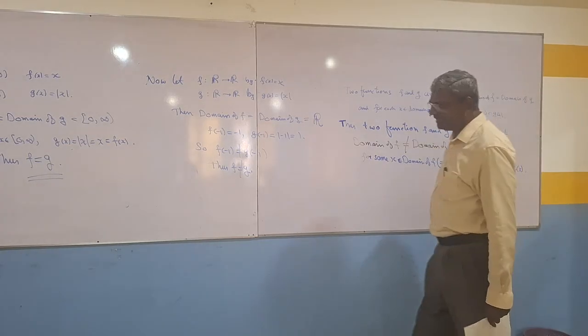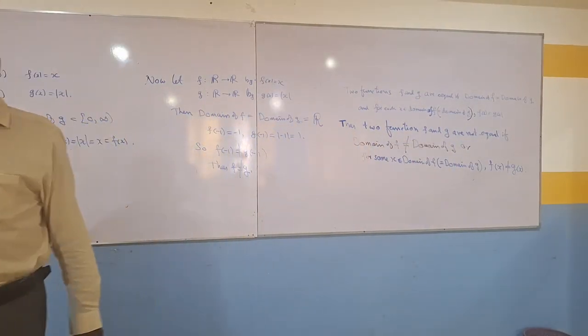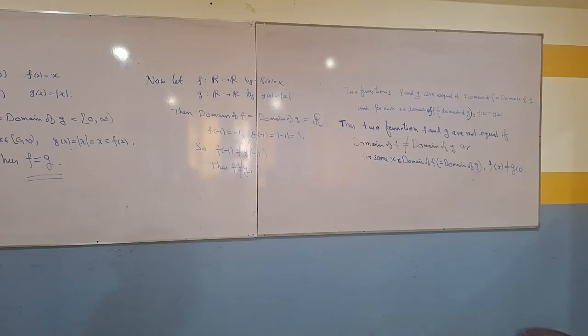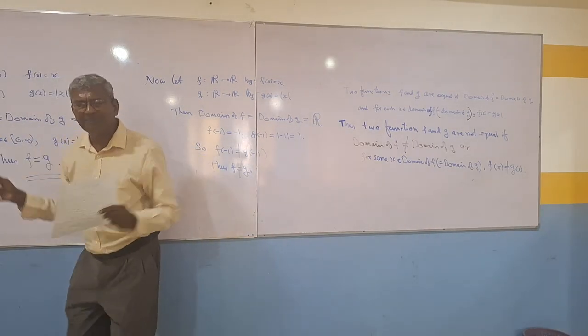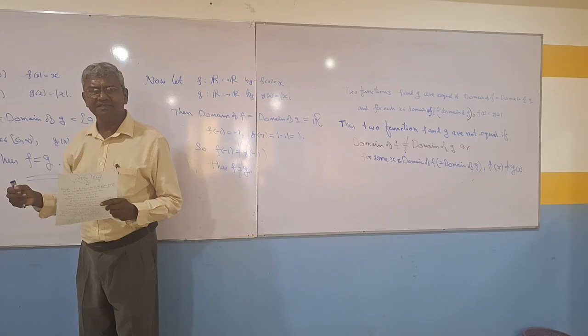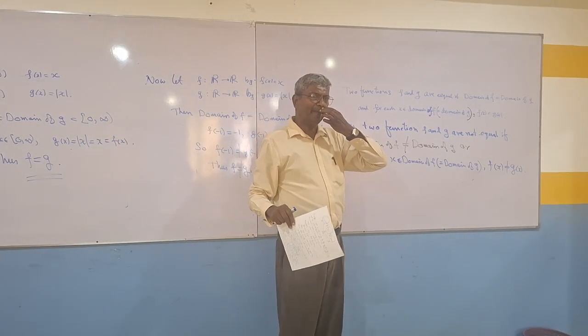If you can tell me this, then you are a good student in the sense that you have understood what I have been preaching since the first day. But the thing with the book is that from the book you are not getting that impression. This is how I write when I teach.